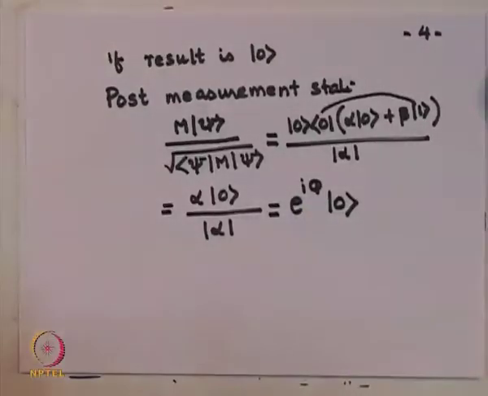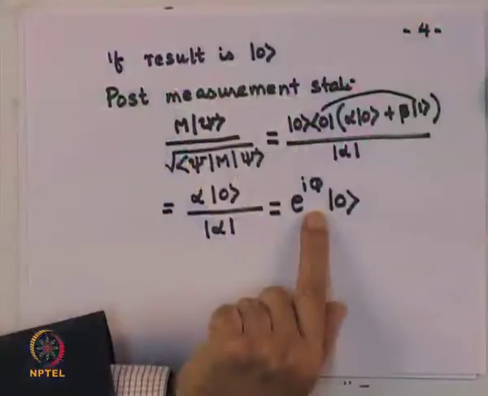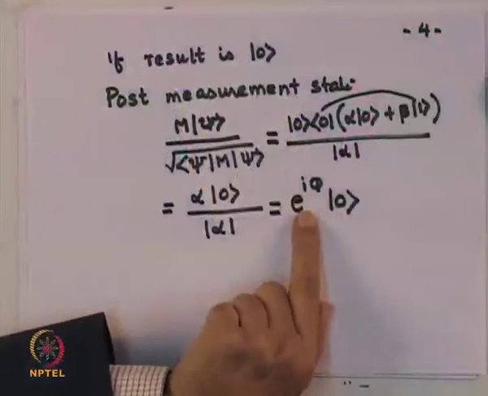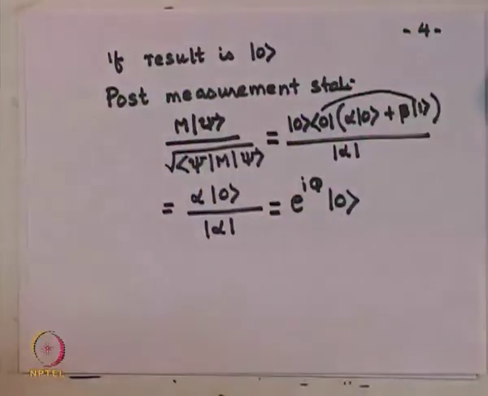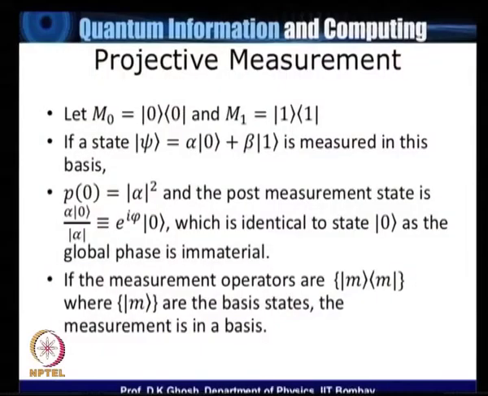What this is telling us is that if my measurement gives me the result 0, the post measurement state will be the same state 0 but for a global phase, but as we know, the global phase does not make any difference. So the state remains the 0 state.